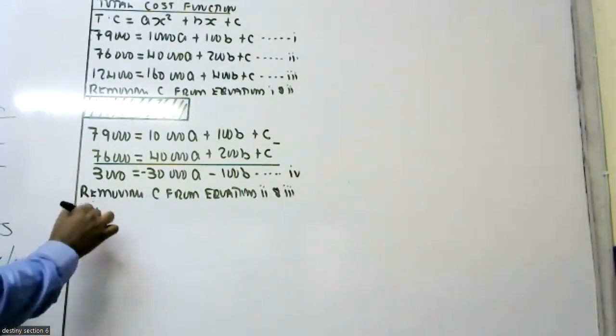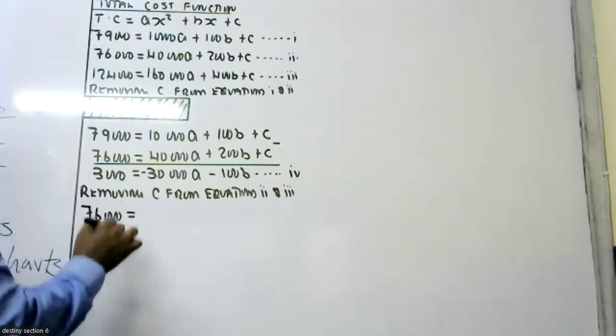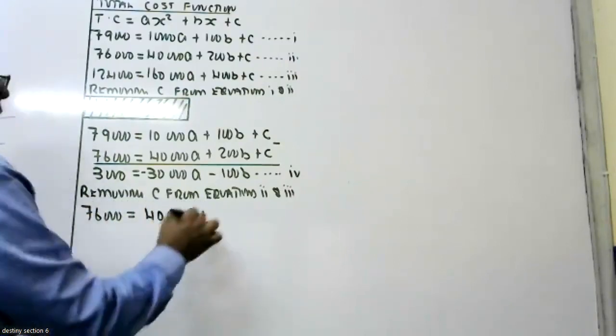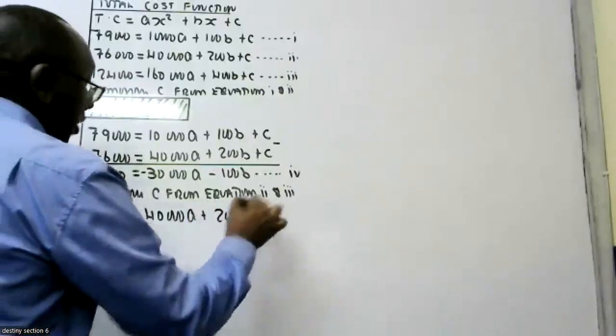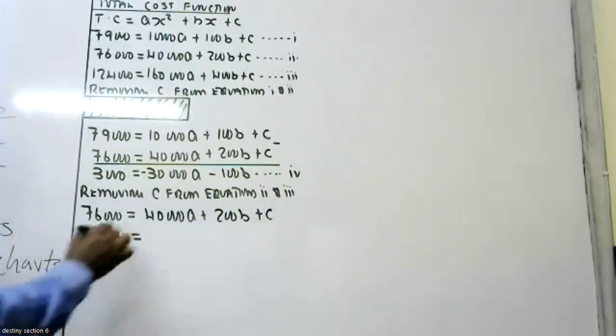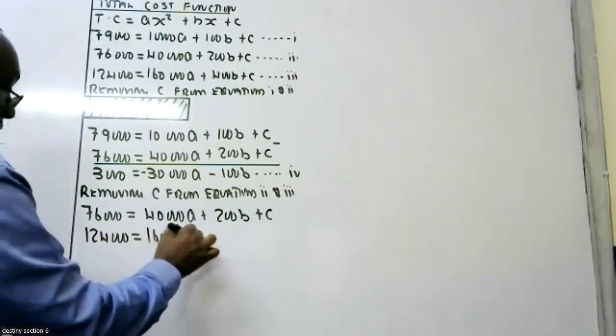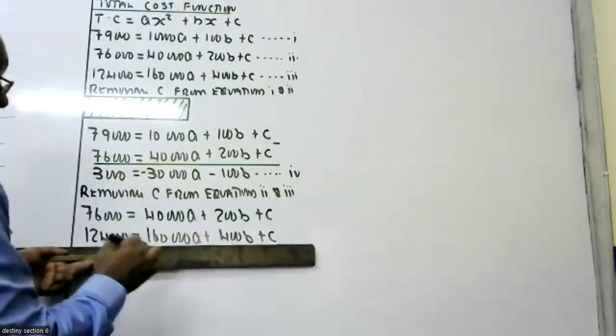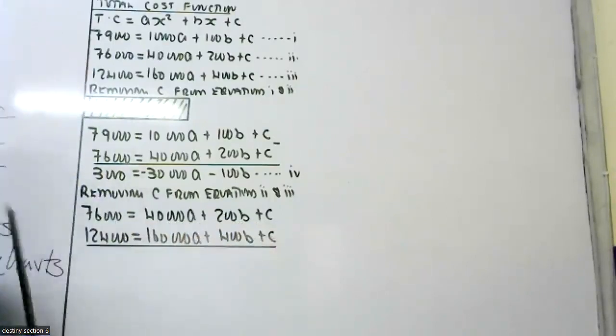We will have 76,000 being equal to 40,000 A plus 200 B plus C, and 124,000 being equal to 160,000 A plus 400 B plus C. So now tell me, 76 minus 124 is negative what?